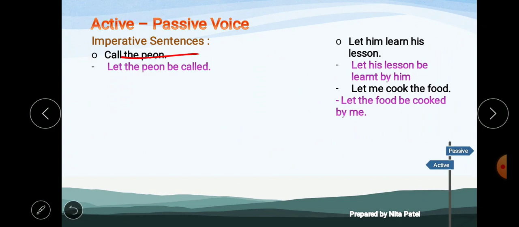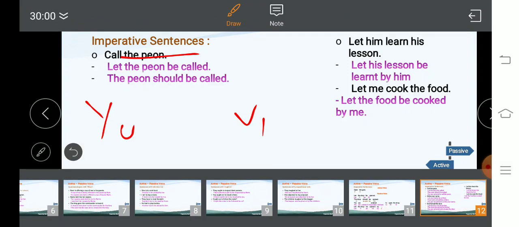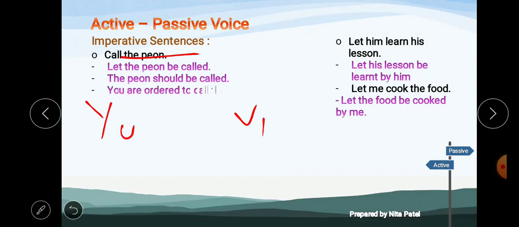So the peon should be called, the peon should be called. It's so easy, right? Now that V1 structure, so we have to put you as subject, right? You are ordered or requested, I think order, right? You are ordered to call the peon. You are ordered to call the peon, right? You have to practice it, so you will get it.